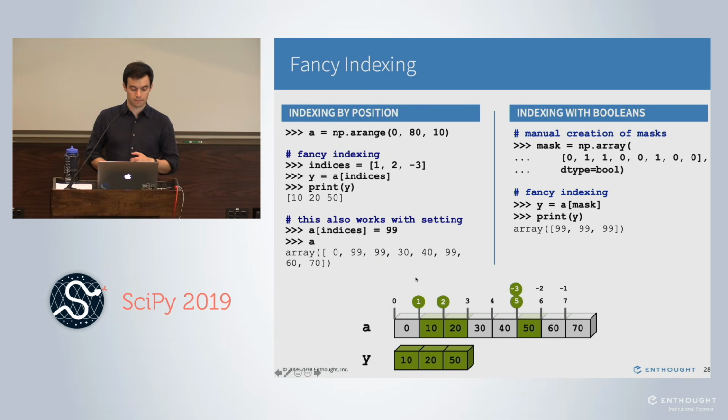Like we've seen over and over again, with this list of indices we can get items at those positions, and we can also set items at those positions. So here, notice how the 10, the 20, and the 50 have been replaced with 99s.